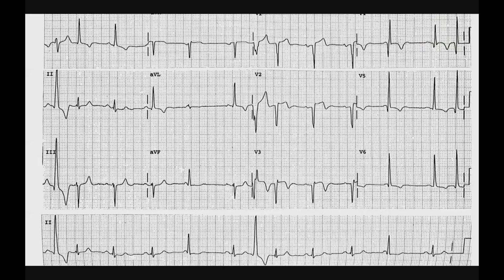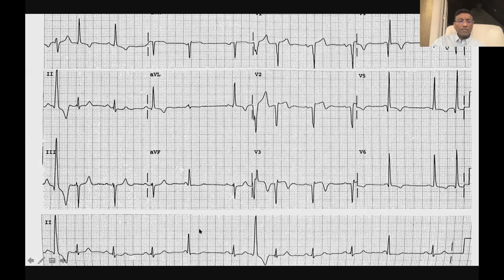It is not arising from the SA node, it's the shortened PR there. Good. Probably it's of ventricular origin. Yeah, good thought. Maybe ventricular in origin. But what's interesting is, look at this beat here, and look at this one. If this is a PVC, why does it look so skinny?